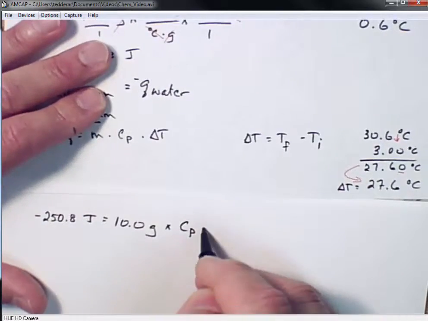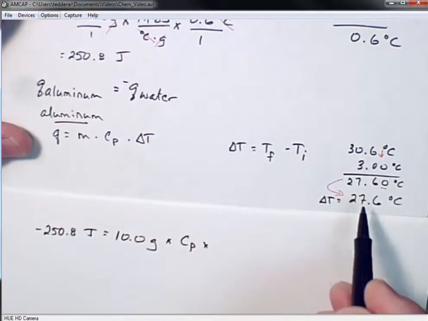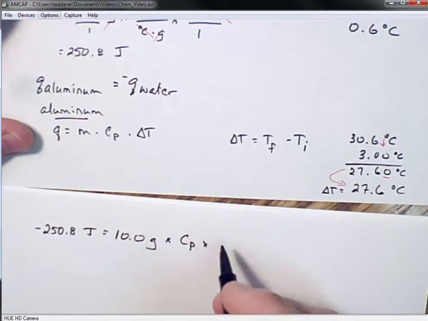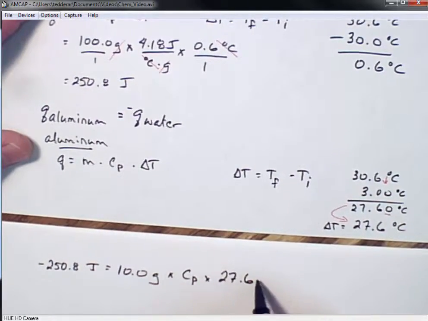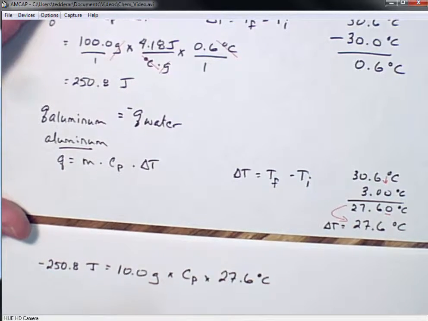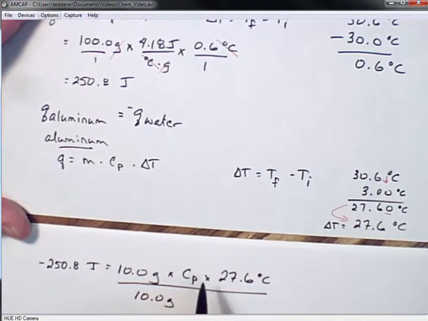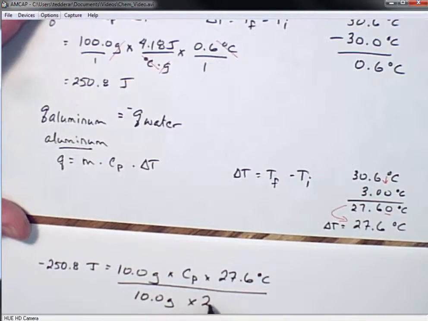We are trying to find the specific heat. We don't have it. And then the change in temperature we just calculated to be 27.6. Okay, this change in temperature is 27.6 degrees C. And we want to get Cp by itself. I'm going to divide both sides by everything but the unknown.